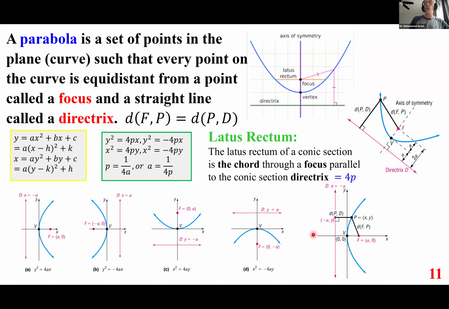These are various formulas. It can open any way, but it is important to know the axis of symmetry and the directrix are perpendicular. And any point on the parabola connected to the focus, drop a perpendicular to the directrix, those distances must be the same according to the definition.